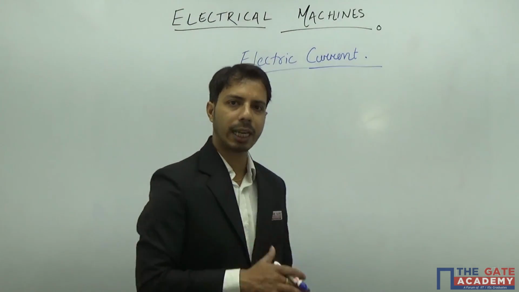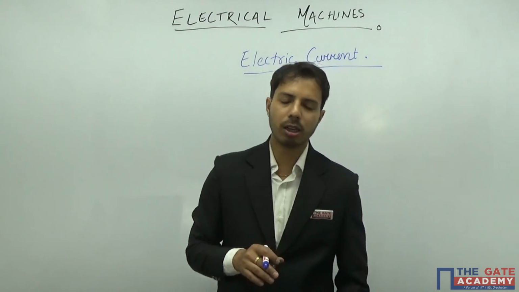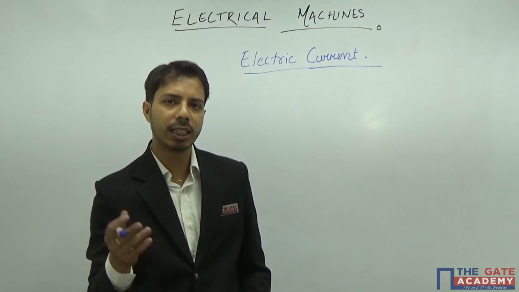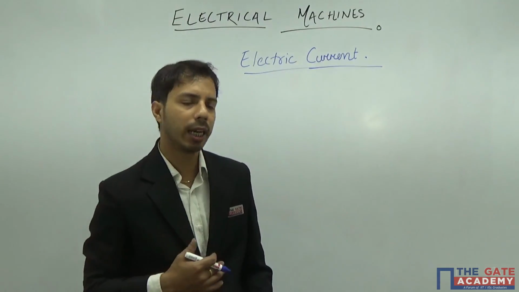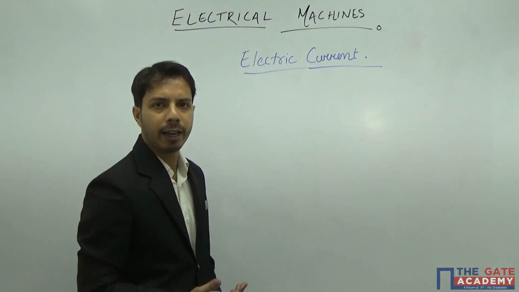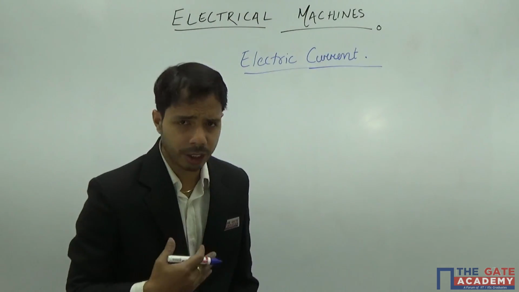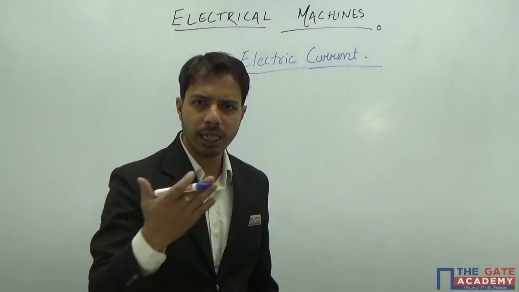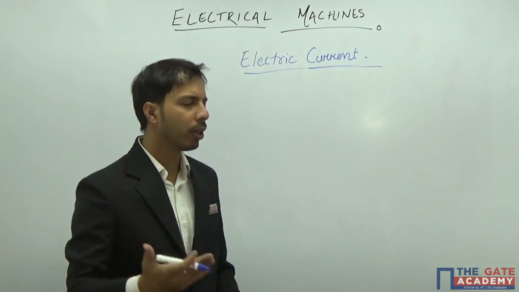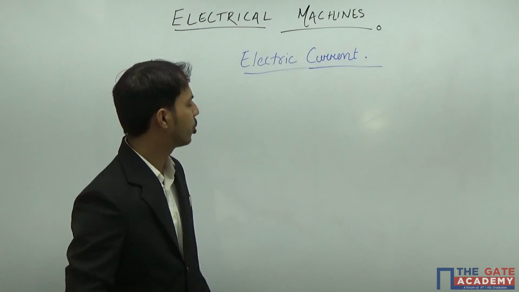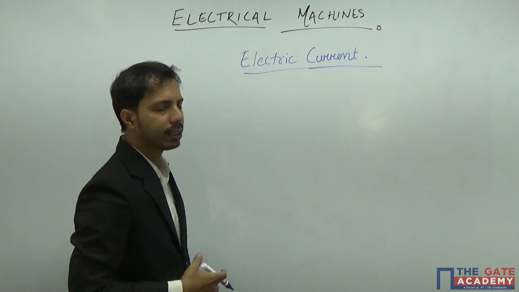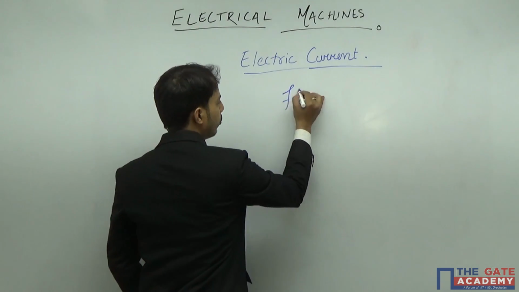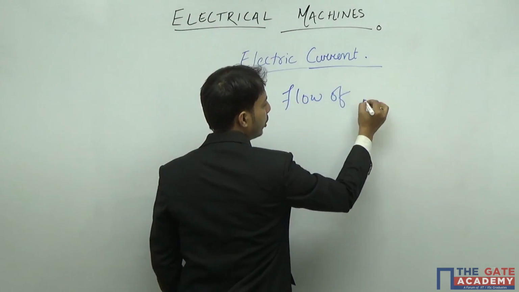We know that protons cannot flow because they are situated in the nucleus of the atom, whereas the electrons revolve around the atom in orbits, and given an electric field, these electrons can flow for certain types of materials. So in other words, we can summarize that electric current is caused due to flow of charge.